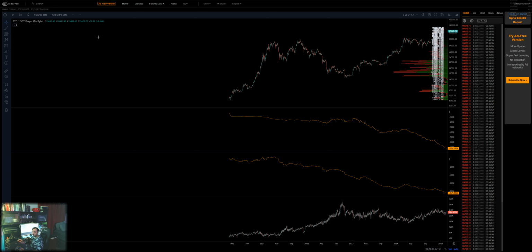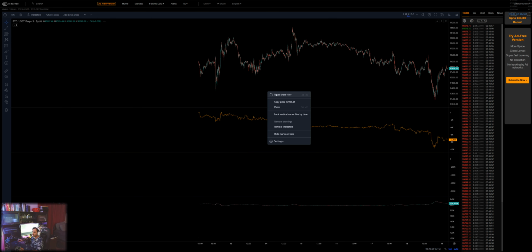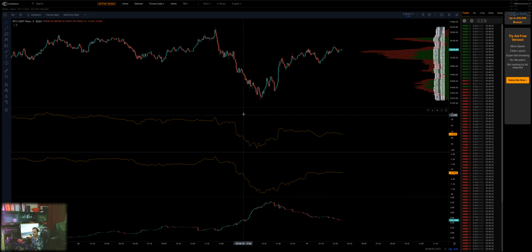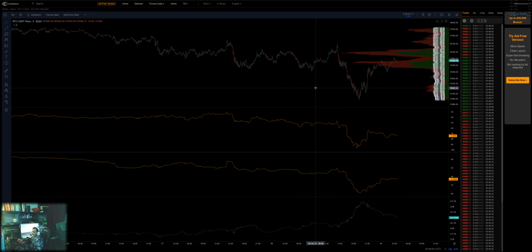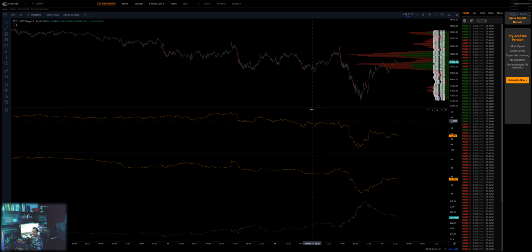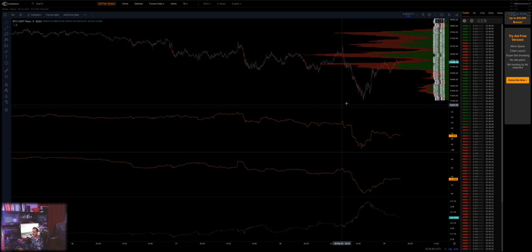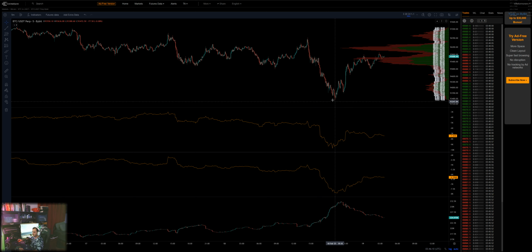Let's go look at CVD for a second. CVD stands for cumulative volume delta. And if we look at the price action since right here, this high, 96,700, open interest has been rising very sharply.